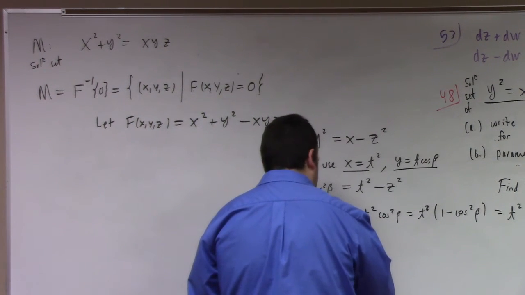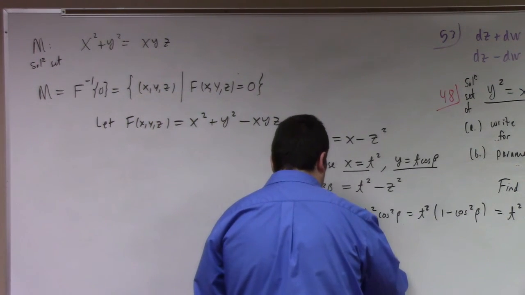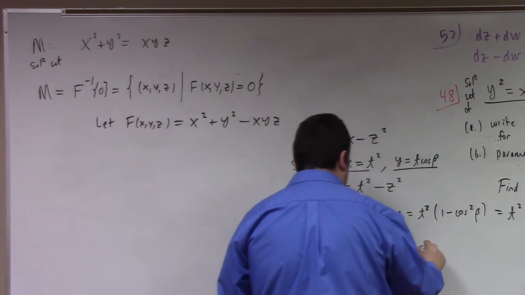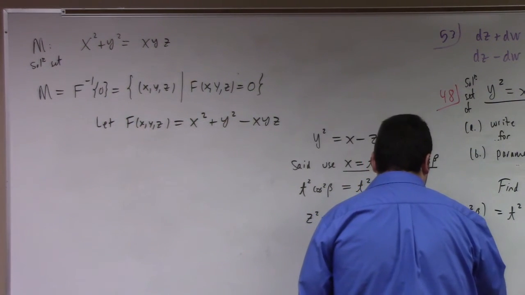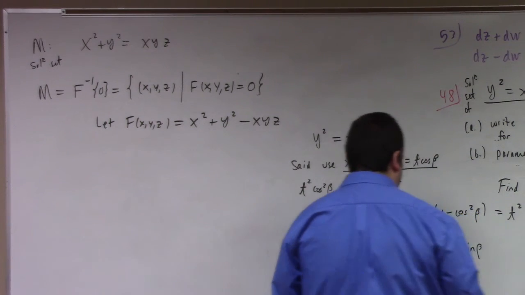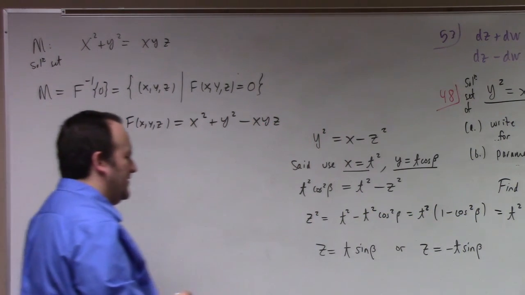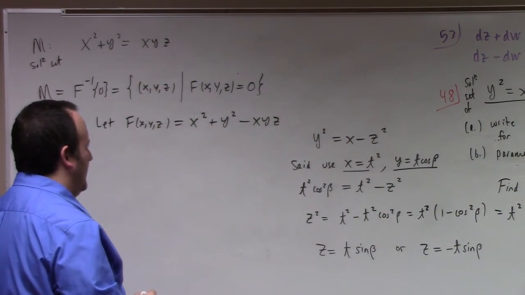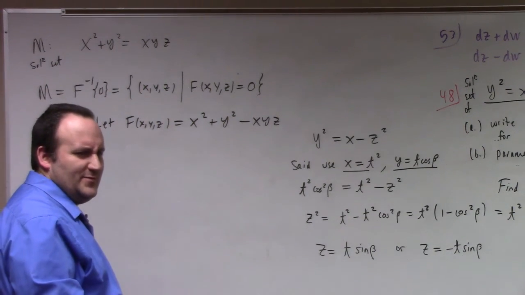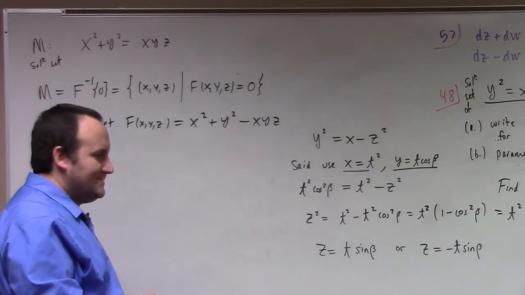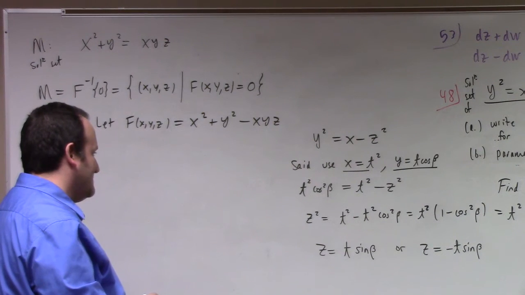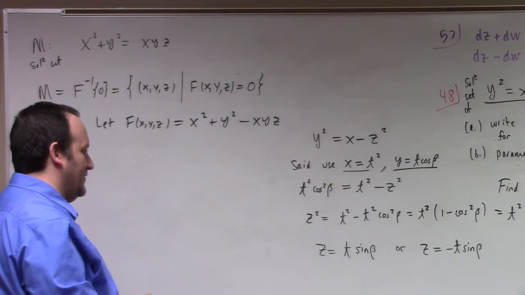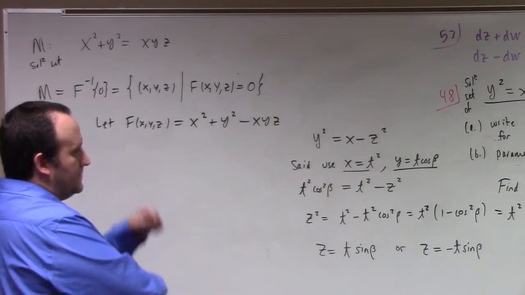We could do z equals t sine beta, that would work, or we can make z equal to minus t sine beta, that would work too. Hey, I'm solving your homework problem. I didn't tell you which one you have to choose. It doesn't matter.